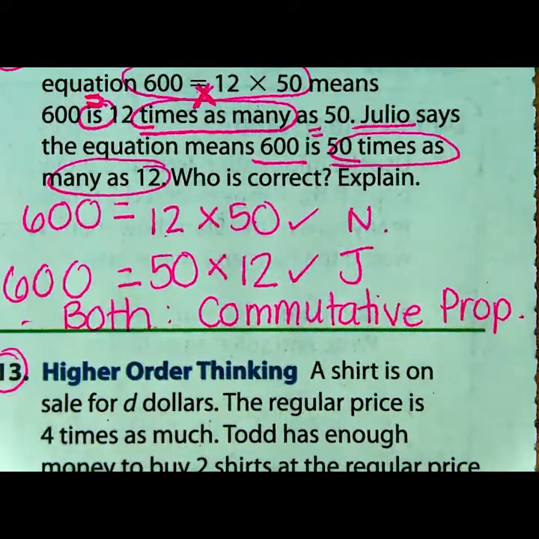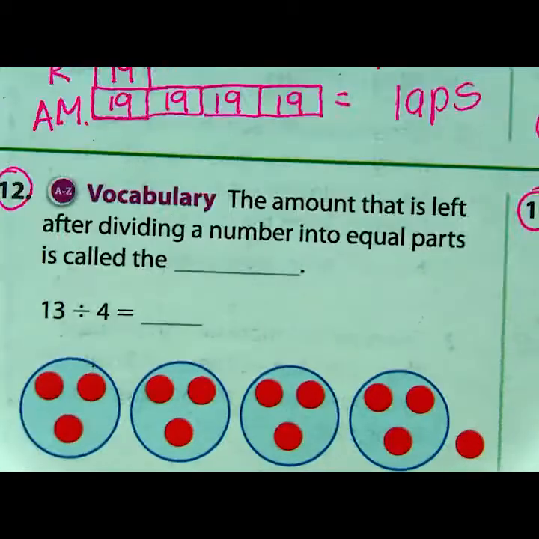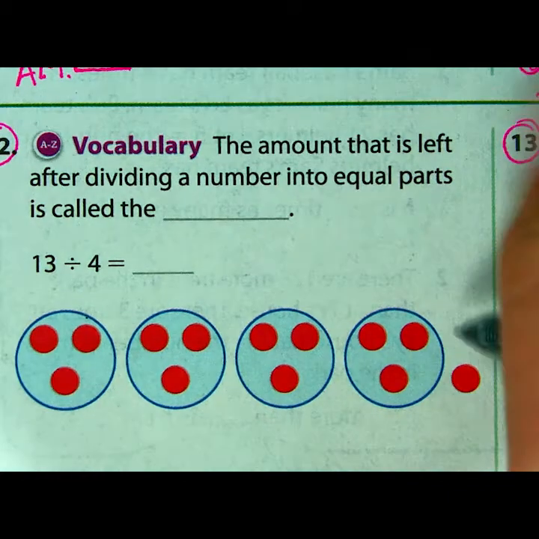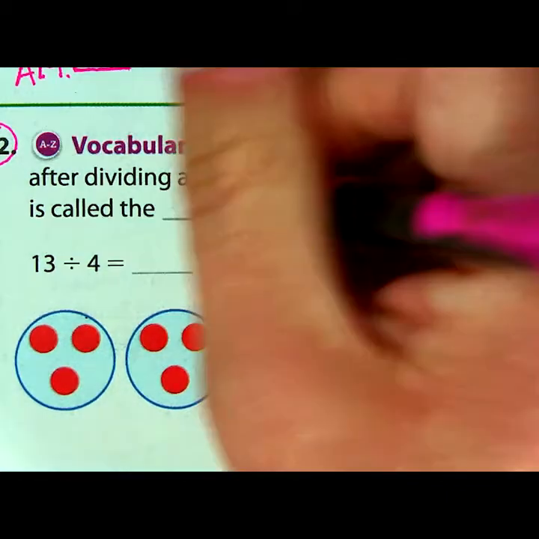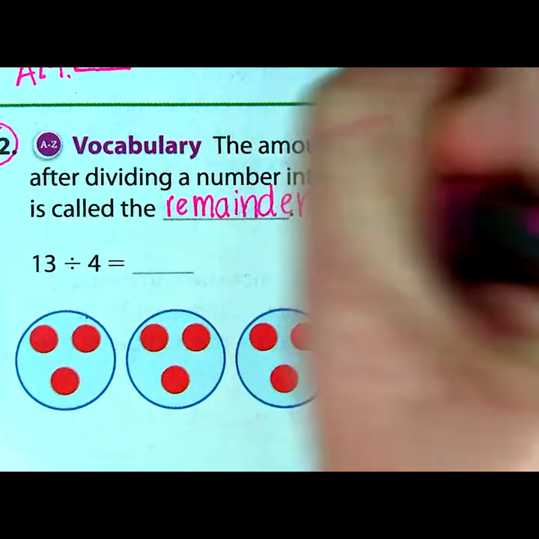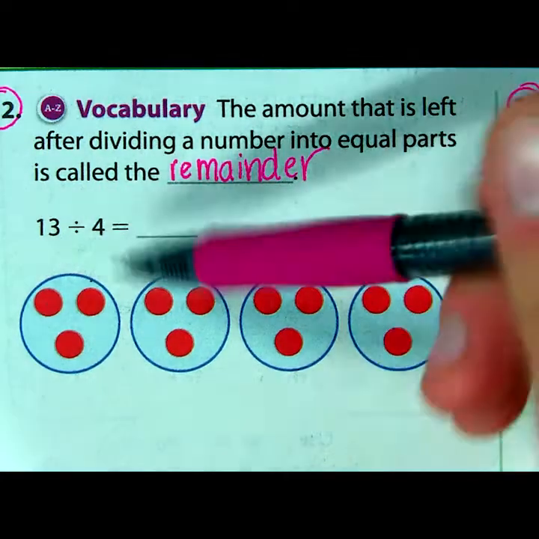Number 12, 2 more to go. Oh, this was an easy one. The amount that is left after dividing a number into equal parts is called, so they're referring to this guy right here, and you know that's the remainder. And when you look, 13 divided by 4, so how did they get 13? 1, 2, 3, 4, 5, 6, 7, 8, 9, 10, 11, 12, 13.